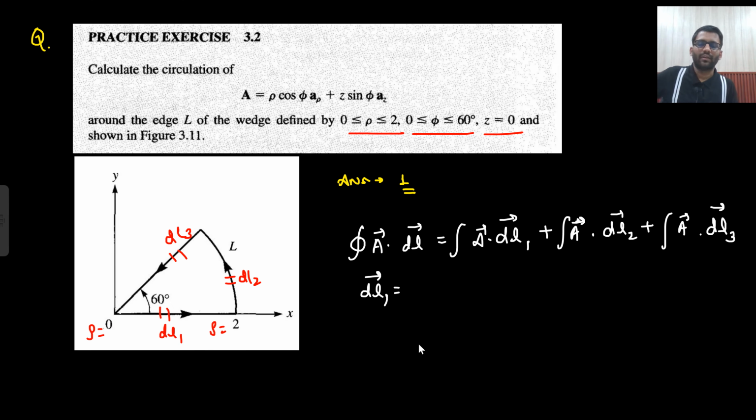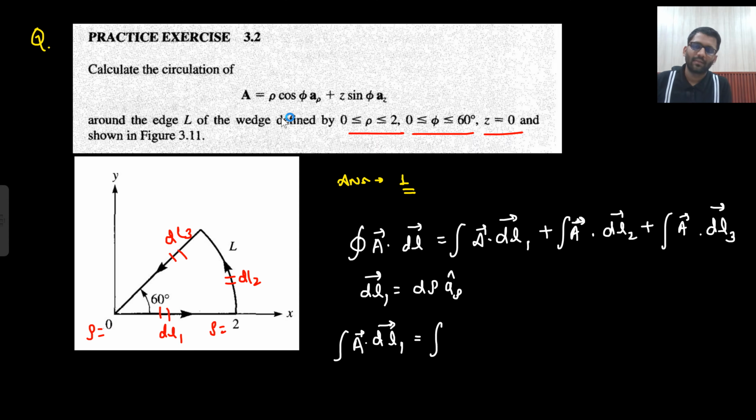What is your dl1? dl1 is d rho a rho cap. So A dot dl1, that is rho cos phi a rho cap, dot d rho a rho cap. Rho goes from 0 to 2.